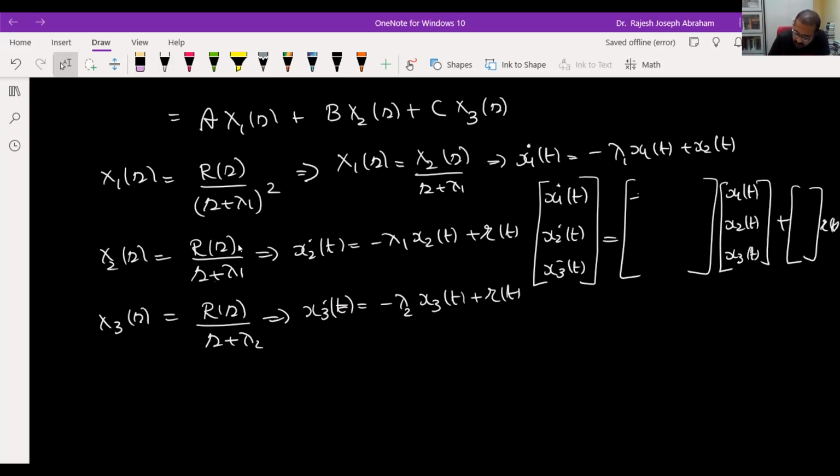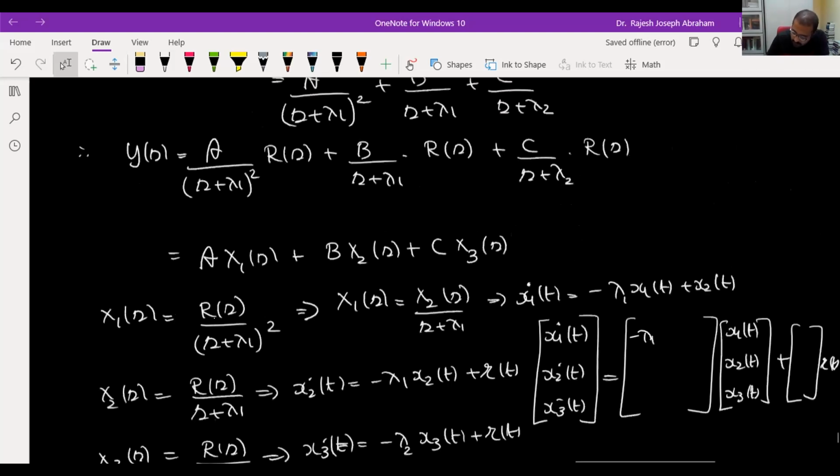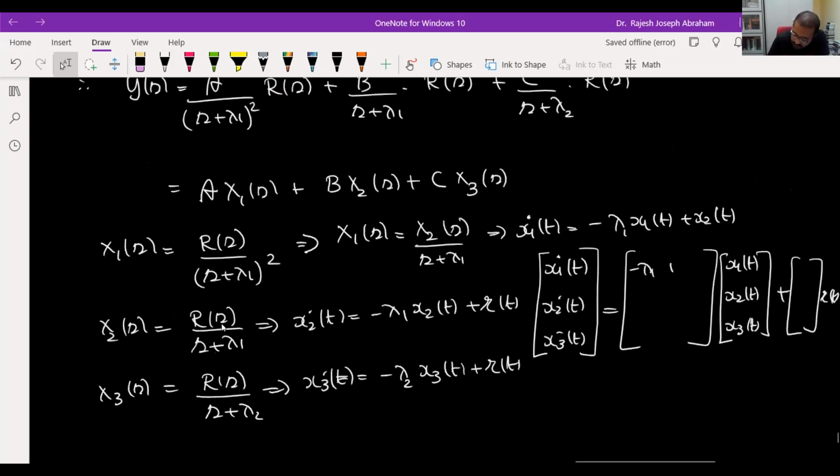X1 dot is minus lambda 1 x1 plus x2, and there is no input term, 0. X2 dot is minus lambda 1 x2, with input 1. X3 dot is minus lambda 2 x3, with input 1. So you got minus lambda 1, 1, 0; 0, minus lambda 1, 0; 0, 0, minus lambda 2; and B became 0, 1, 1.